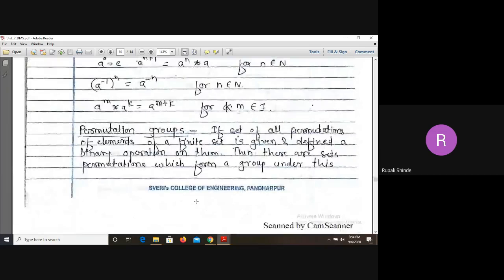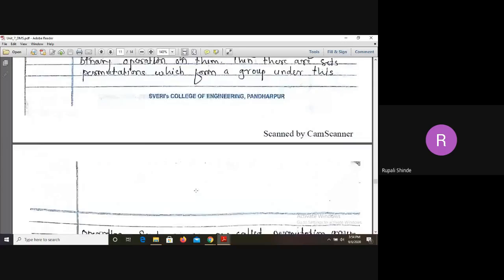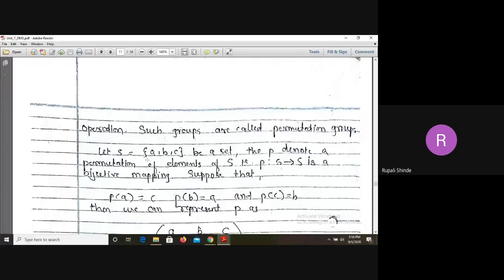Before some time we have seen the definition of permutation. A mapping of any set with itself is called a permutation. The same permutation we have to apply here.